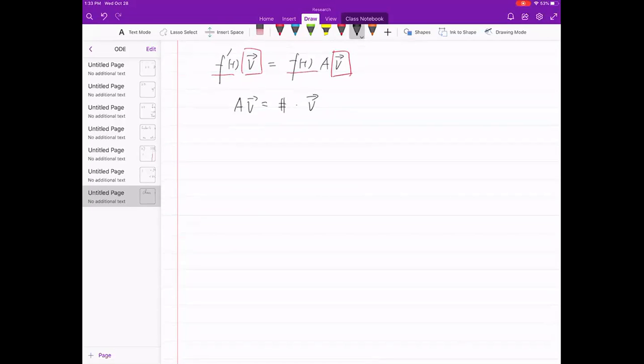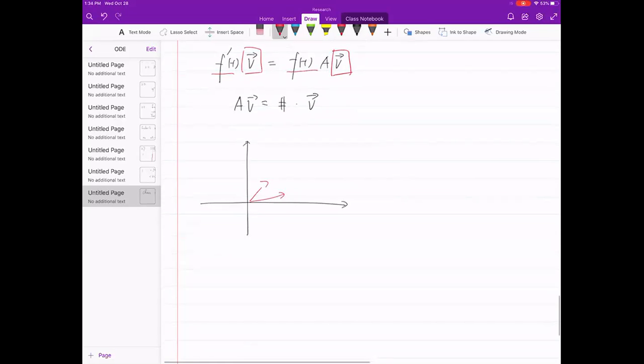Let's say you have two vectors in two dimensions, two straight line solutions. What happens is on this line, you're going to have something like e to the 2t. On this line, you're going to have something like e to the 4t. Good so far?